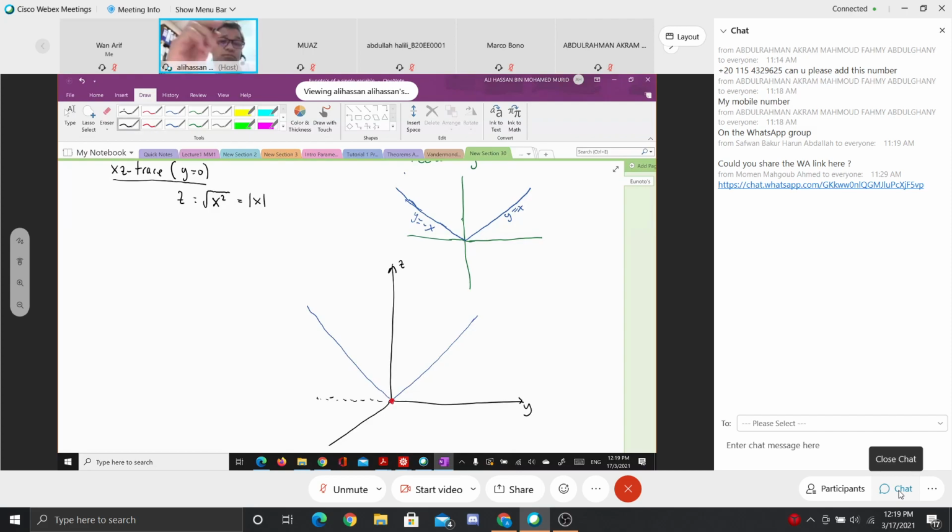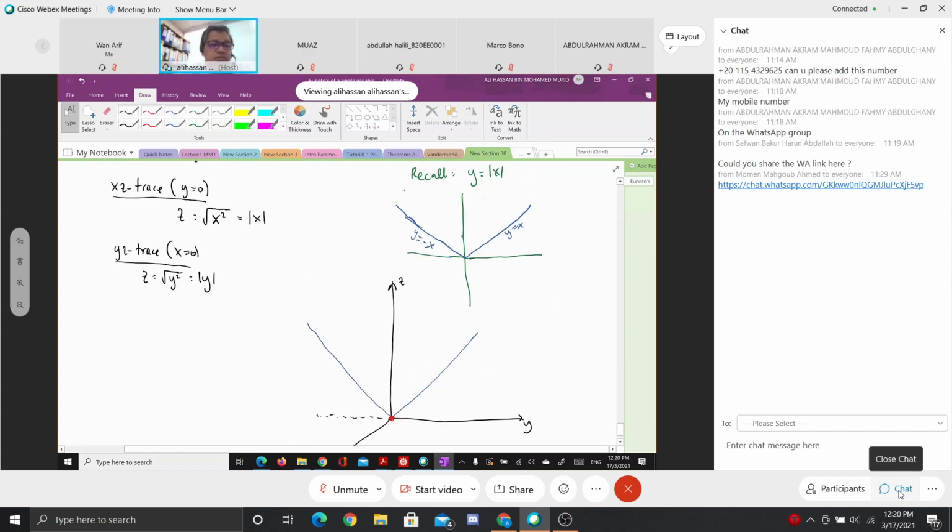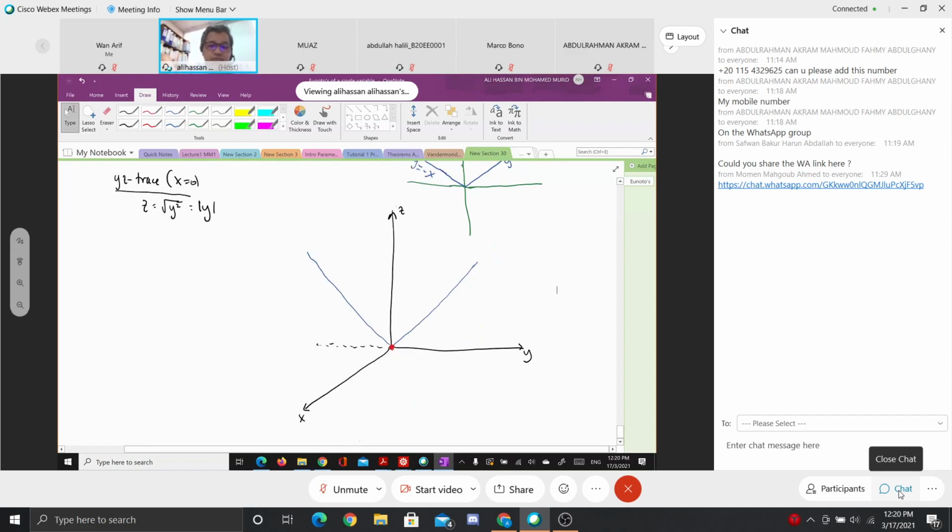Another trace is the yz trace. By setting x equal to 0, z equal to square root of y squared, which is absolute value of y. Oh, I'm sorry, I made a mistake here.